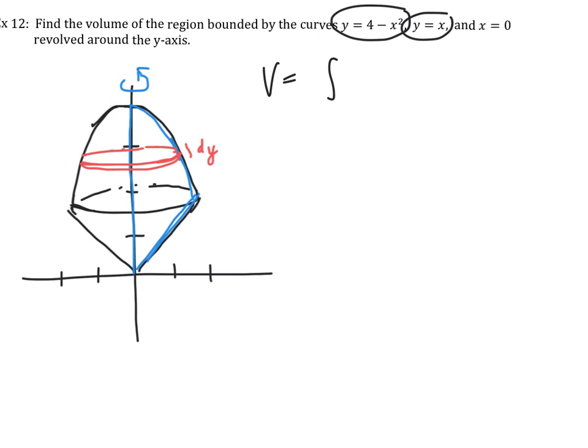So volume is going to be the integral. I'm going to put my pi out front, and then I need my radius squared. And for the part that I just drew, my radius is really my x value.